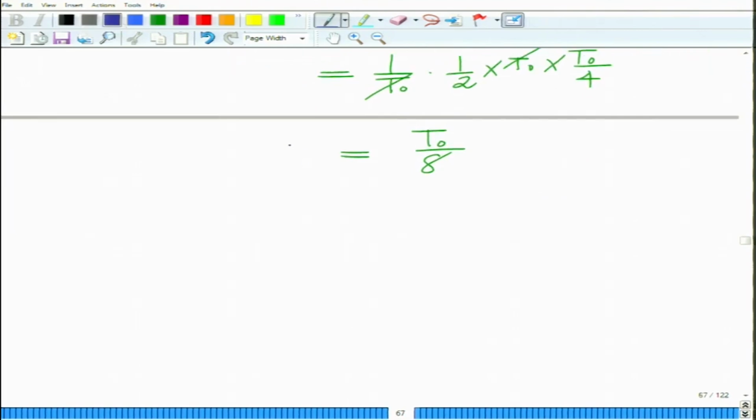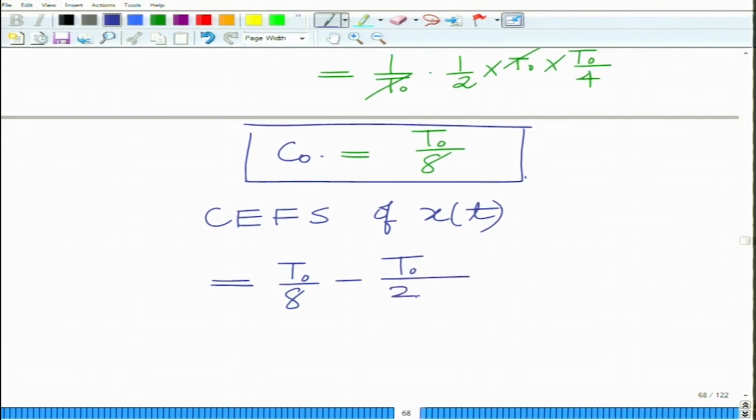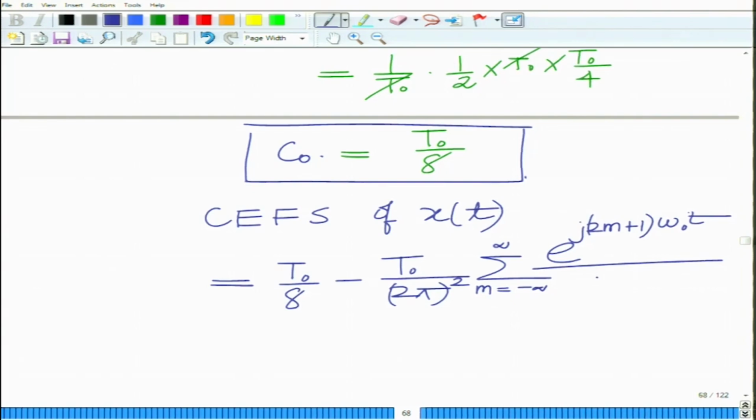So, c naught equals T naught over 8, and therefore the CEFS of x t, the original triangular wave, is T naught by 8 minus (T naught by 2 pi) whole square, summation m equals minus infinity to infinity, e raised to j (2m plus 1) omega naught t by (2m plus 1) square.